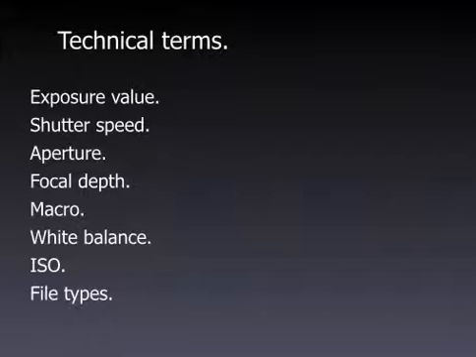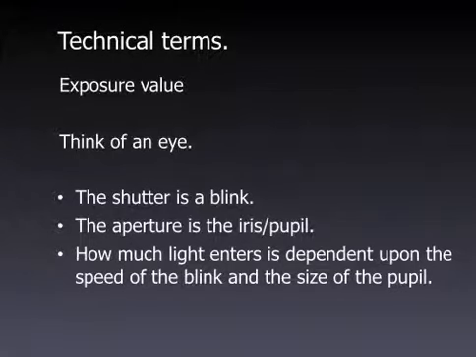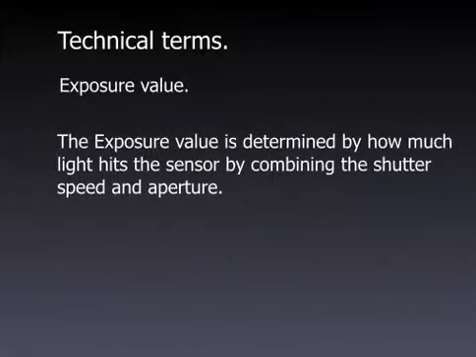So let's return to exposure. And the easiest way of explaining this is to think of your eye. The shutter, which is the thing that clicks when you press the button, is the blink. And the size of the aperture, or your pupil, governs how much light comes in. So when we combine the shutter with the aperture, we can govern how much light enters the camera and is recorded, and whether the image looks dark or light.